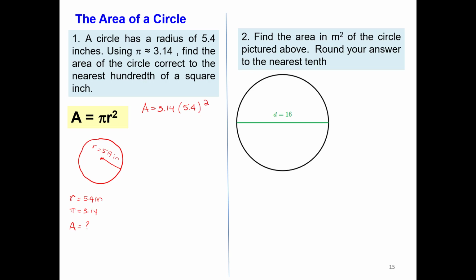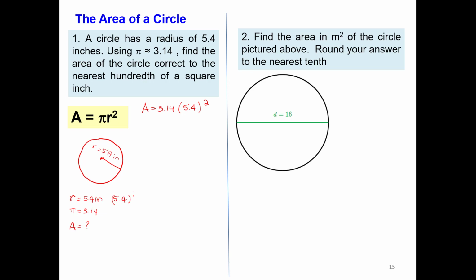We will take care of the units at the end. We know the units for any area are always square units. According to the order of operations, we need to solve first the exponents and then the multiplication. Let's solve the exponents first.